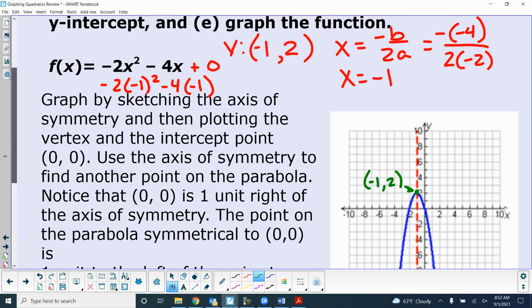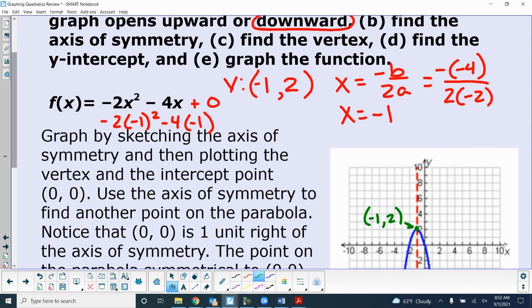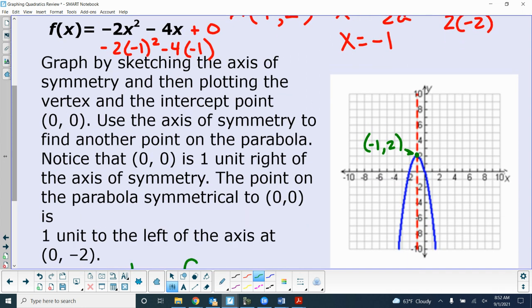All right. Y-intercept is our C value. What's our C value? 0, right? So that's the origin. There's our y-intercept right there at the origin. How do I find the third point so I can draw my parabola? Yeah, reflected over the axis of symmetry, right?